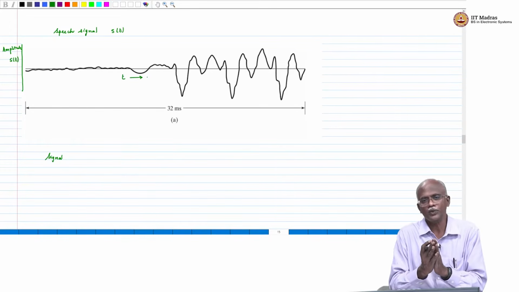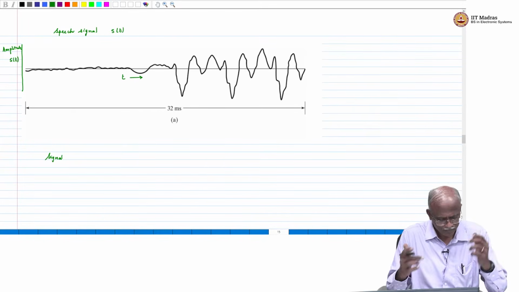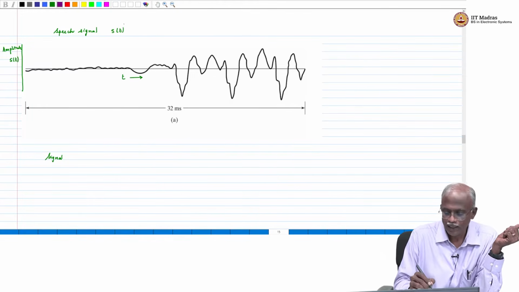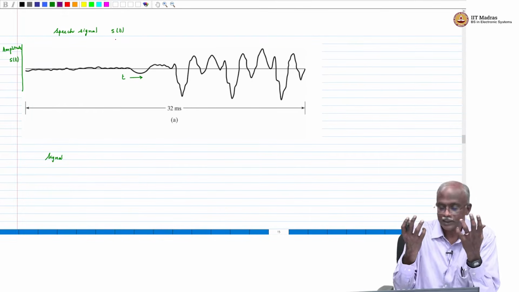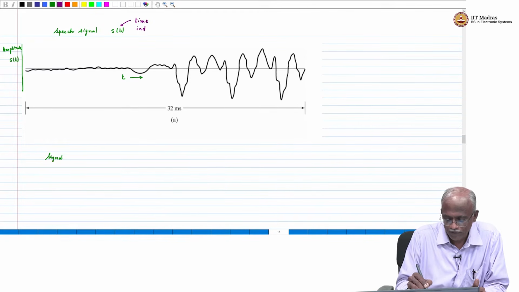Okay, I am sure you would have looked at many such signals, and so when we look at this signal S of t, this S of t is the signal that we are interested in. T is in this case the time index. We call that the independent variable.